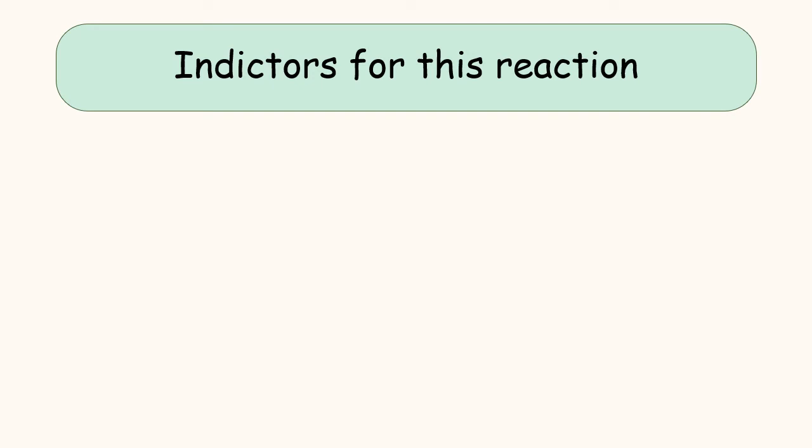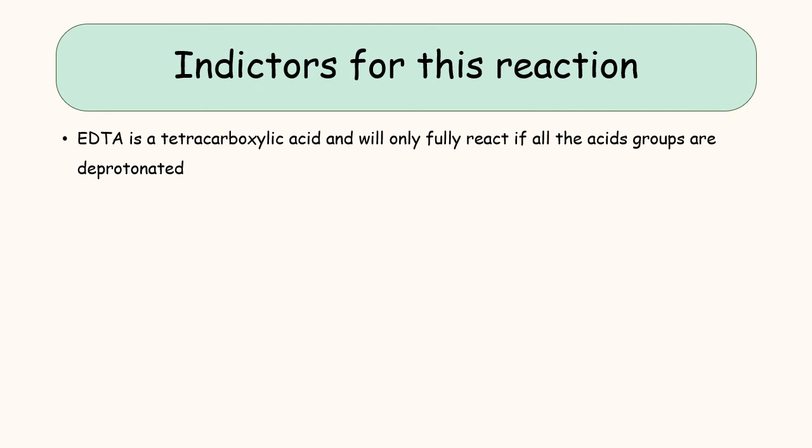Now, the indicator or indicators for this reaction. EDTA has 4 carboxylic acid groups on it, and it will only fully bond if all of the acid groups are deprotonated. We know a carboxylic acid has the COOH group on it. In order for EDTA to fully bind, we want to turn all of those COOH groups into COO⁻ negatively charged groups by removing the protons.